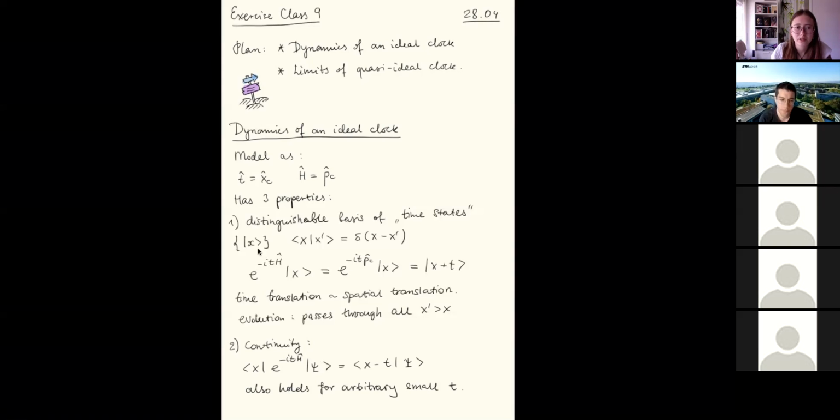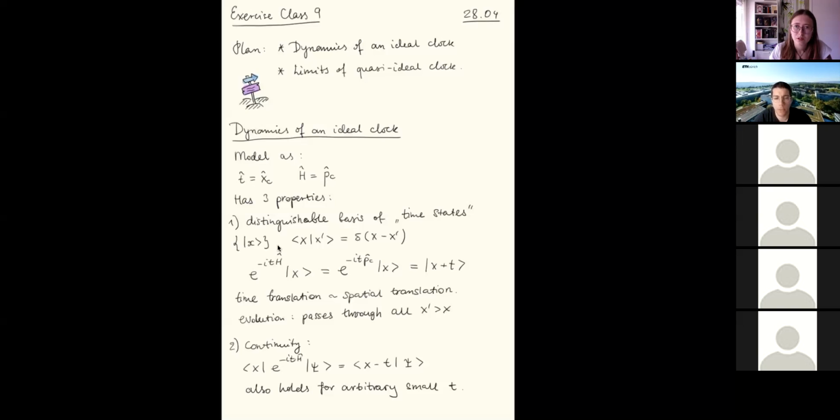It does not necessarily follow from the fact that we just have a distinguishable basis of time states. We can imagine a basis of time states, which for example would have a smaller measure than this basis, and which would also be distinguishable. However, it wouldn't ensure the continuity.